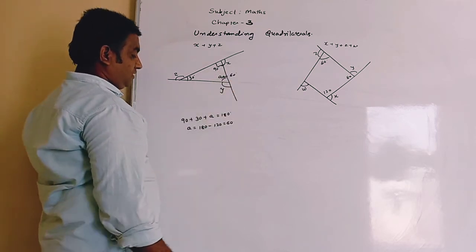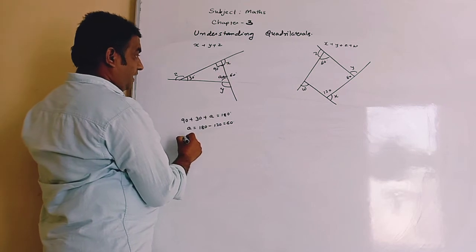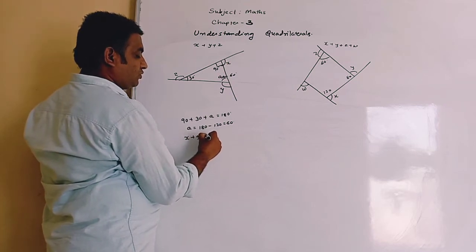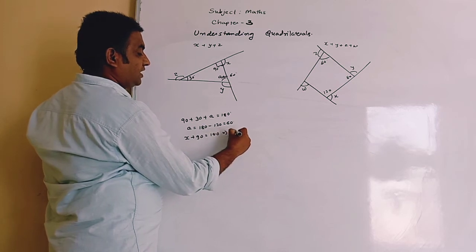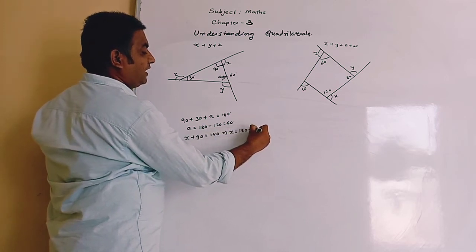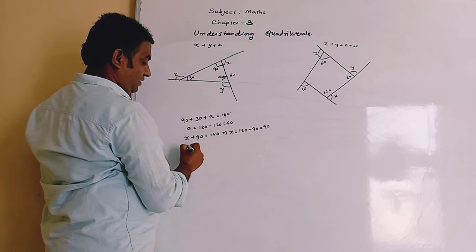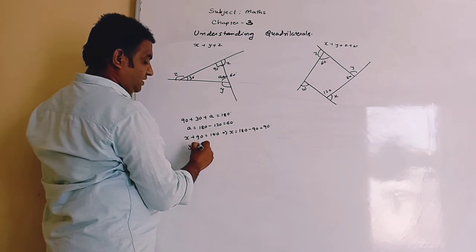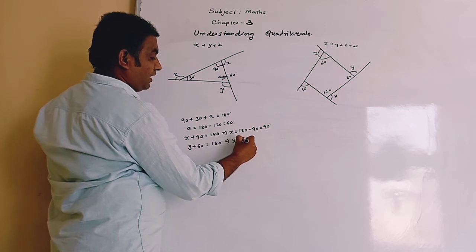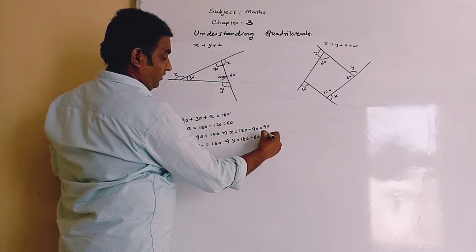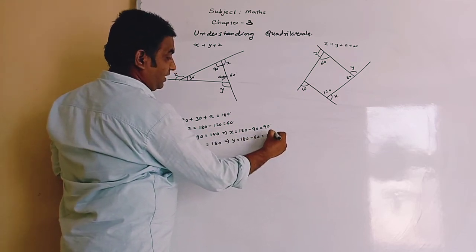Now x plus 90 equals 180 as they are a linear pair, and so x equals 180 minus 90, which is 90. y plus 60 equals 180, and so y equals 180 minus 60, that is 120.